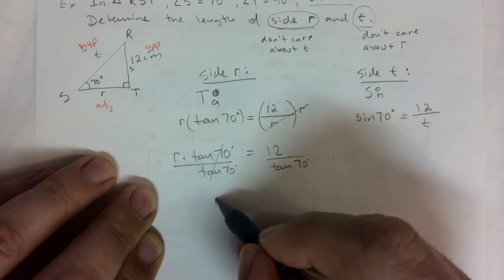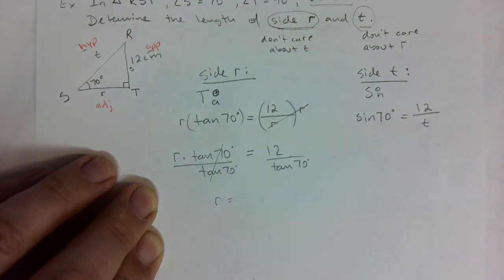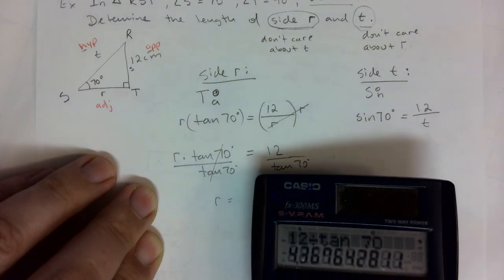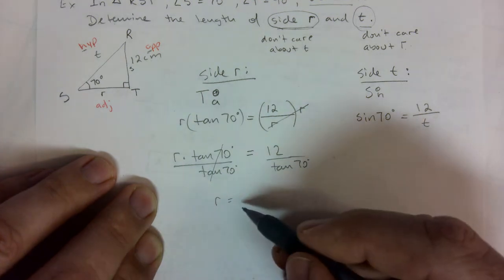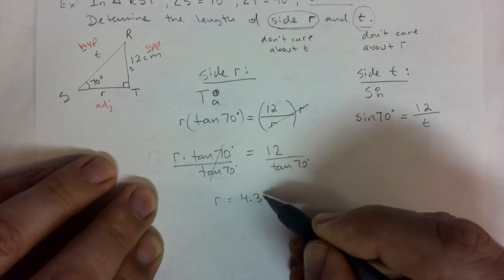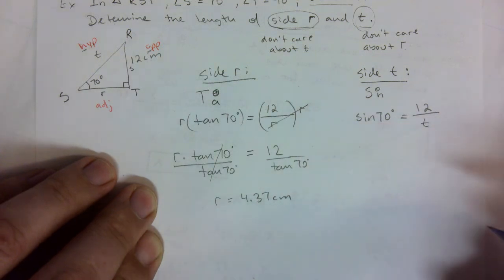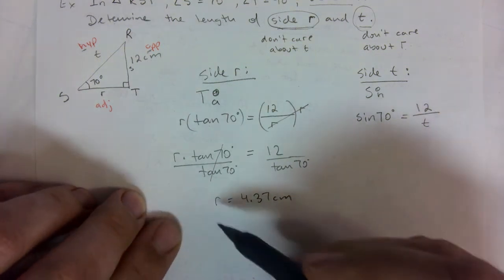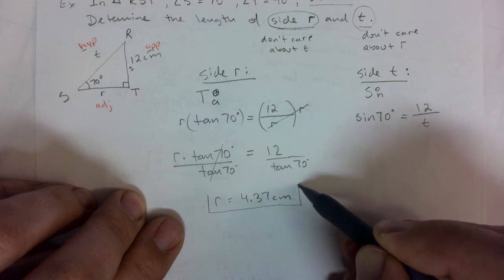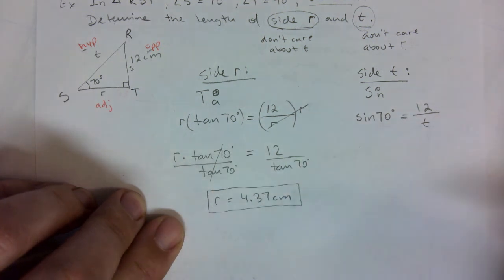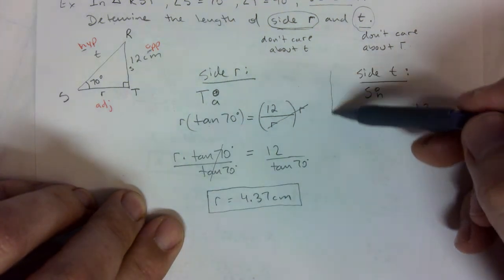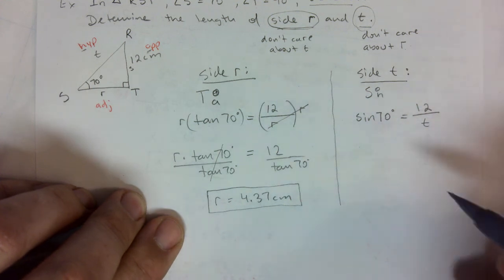That cancels that, and r is going to be 12 divided by tan of 70, which is 4.37 centimeters. Okay, so we know what r is now, and I'm going to just fence this off.